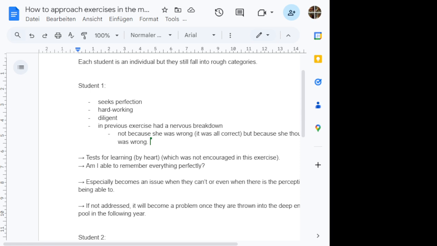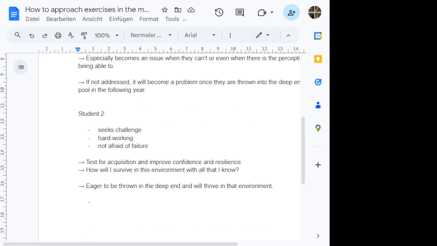She just breaks down, and in a way that's not healthy, and in a way that's not ideal for their learning. It will become more clear when we look at the second student.